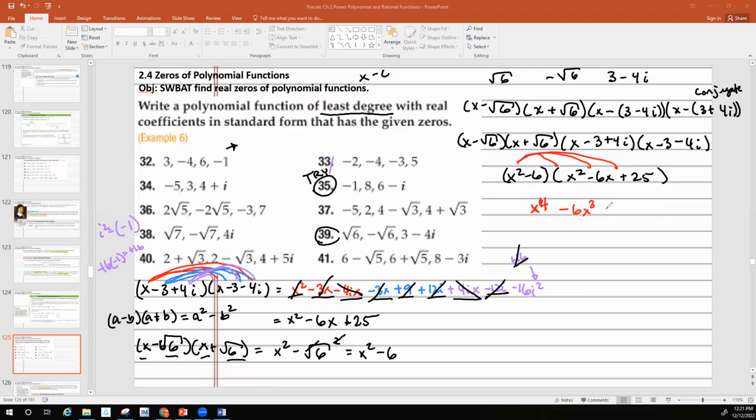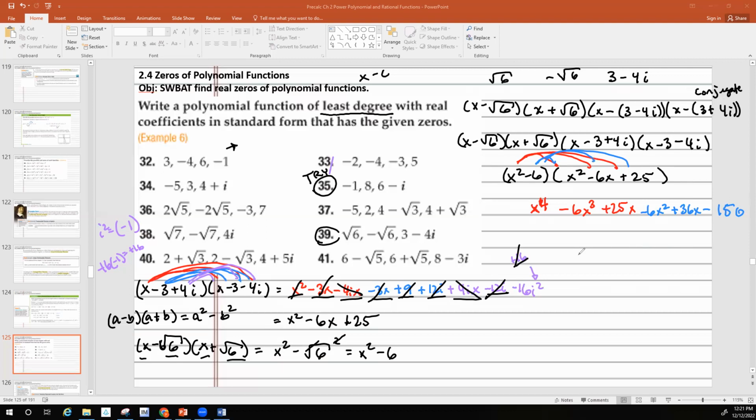X squared times 25 is plus 25x squared. And negative 6 times x squared, negative 6x squared. Negative 6 times negative 6x is plus 36x. Negative 6 times 25 is going to give us negative 150.